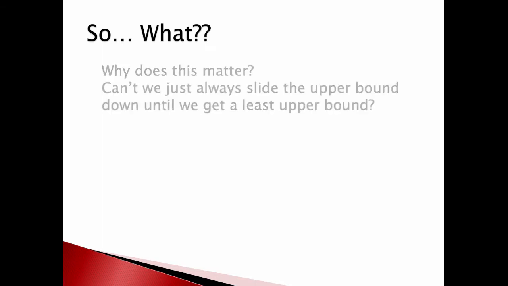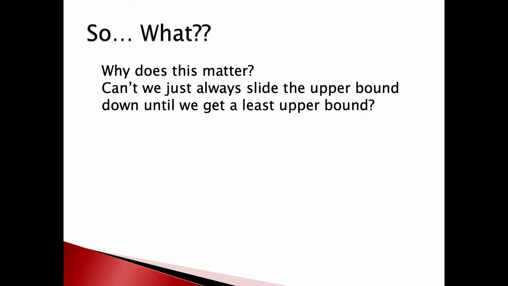But okay, so what? I mean, why does this matter? I've showed you a picture of a line sliding around. What's the big deal? What's special about R is supposed to be that every set with an upper bound has a least upper bound. So can't we always just take that upper bound and slide it down until we get the least one?